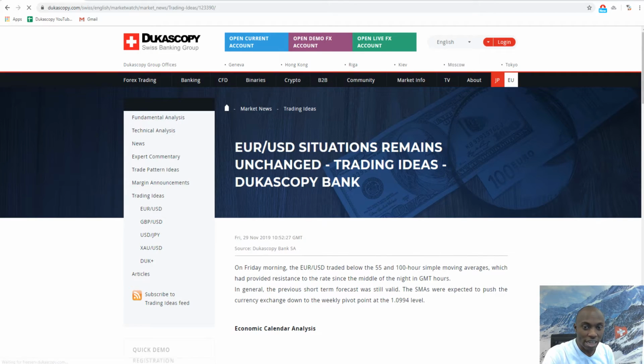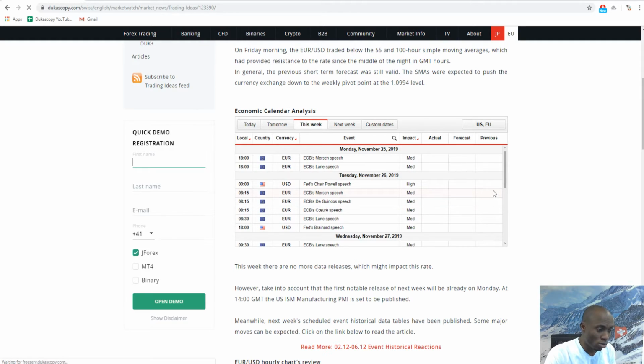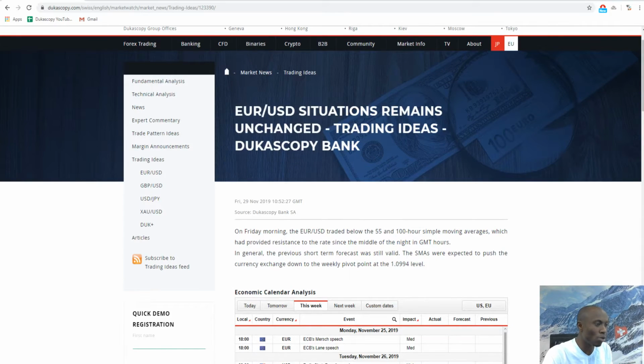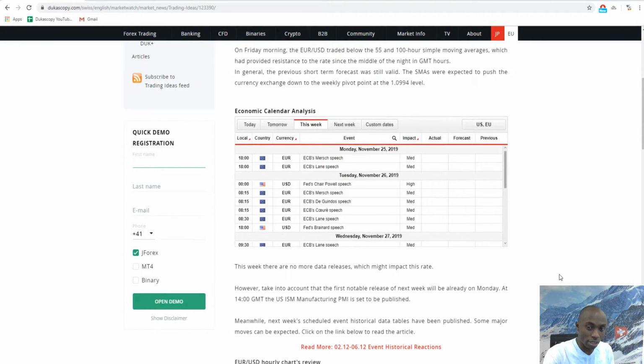It gives you your trading idea, and there's a lot to benefit from on our website. It's easy for you to just go there, even if you are not that professional, but you are intermediate or still a beginner. You get a lot of ideas. In the trading idea, you can see the economic calendar. Everything is in one, all the technical analysis for maybe Euro US dollars.